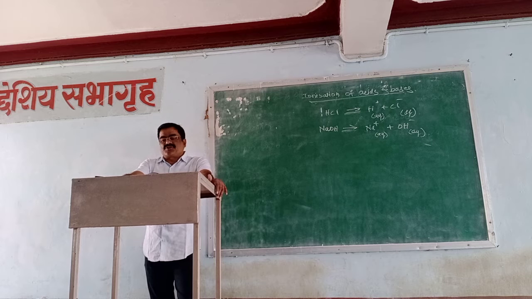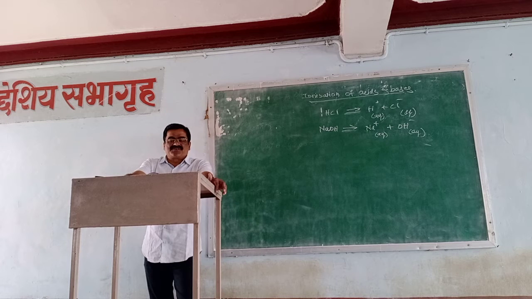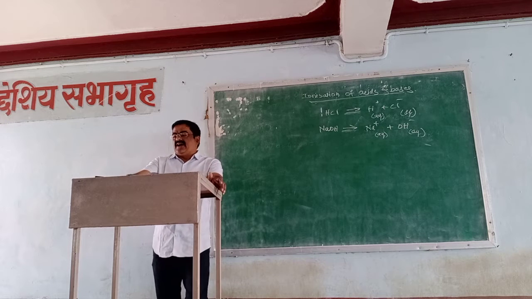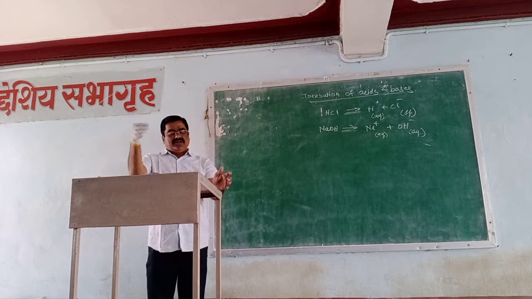Typically, the strong acids are HCl, nitric acid, H2SO4, HBr, HI, while the typically strong bases are sodium hydroxide and potassium hydroxide. The weak acids and the weak bases are acetic acid and NH4OH.